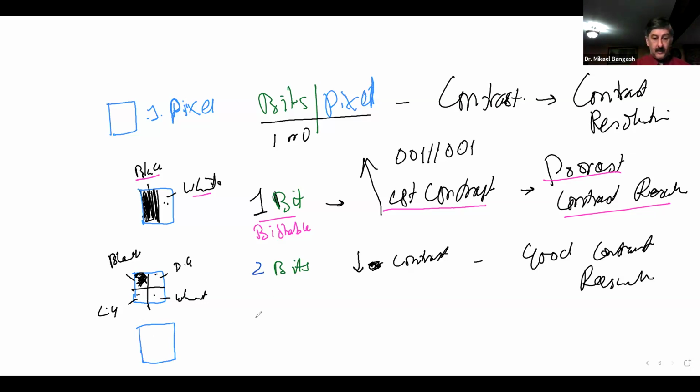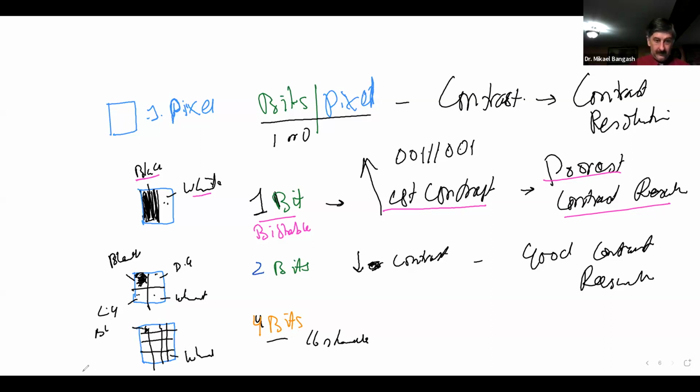But what if we had 4 bits? Now 4 bits, guys, is going to give you up to 16 shades. One will still be black, one will still be white.